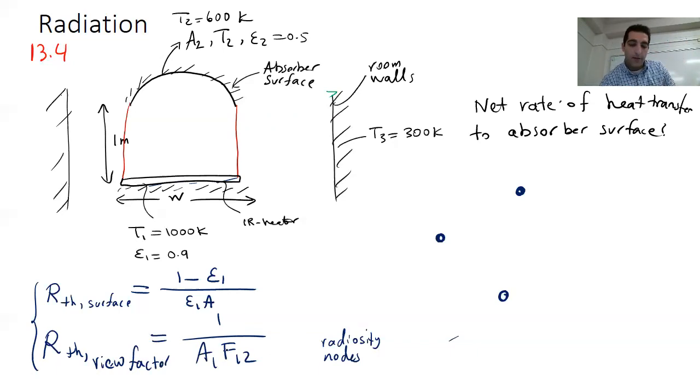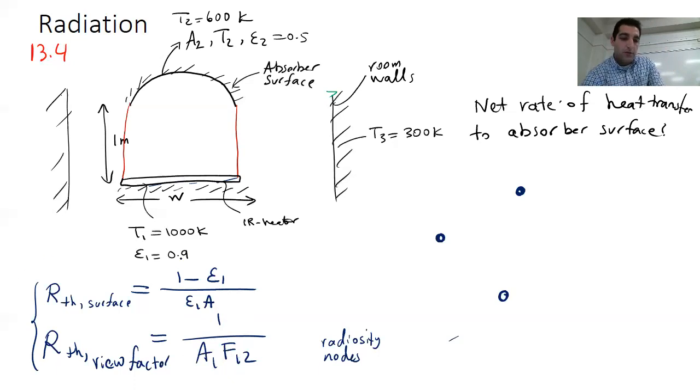Because not all of it is going there, there's a resistance we can assign instead. Again, if the view factor is 1, or we have two parallel surfaces like this, where 100% goes to the other surface, then the resistance is 1 over A1. If the view factor is small, then I have a very large resistance.